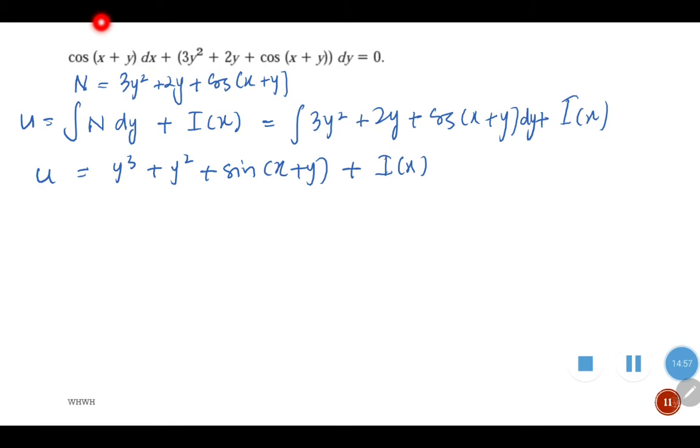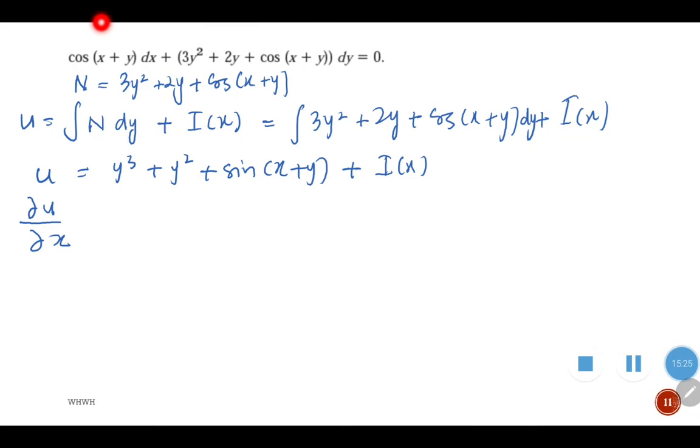Okay, the next step. Step nombor apa ni? Step nombor 2 kan? You integrate u. Next step is to differentiate, yang ni del u over del apa?